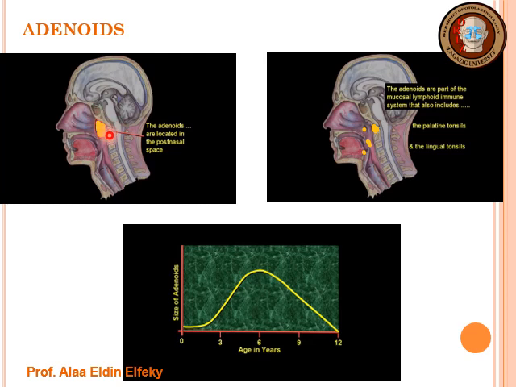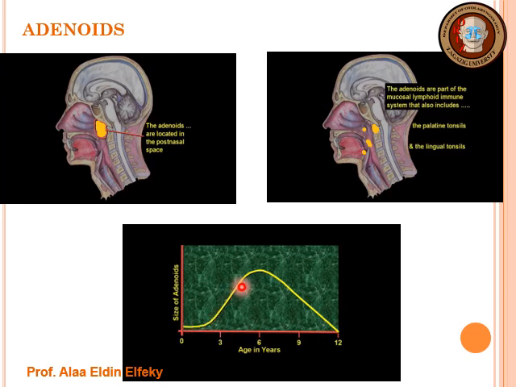The nasopharyngeal tonsil is one of the protective mechanisms of the pharynx, the inner ring of protecting mechanism of the aerodigestive tract, which includes the lingual tonsil, the palatine tonsil, the nasopharyngeal tonsil, and the tubal tonsil.